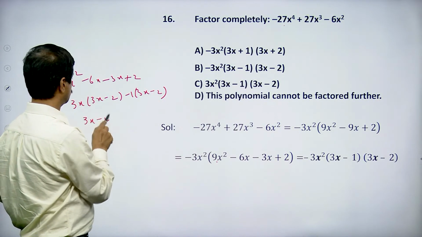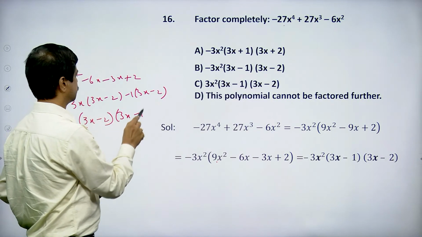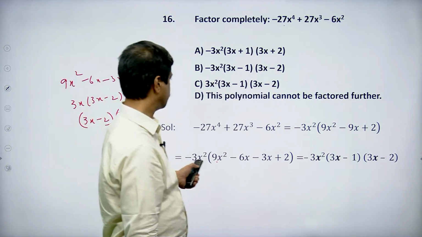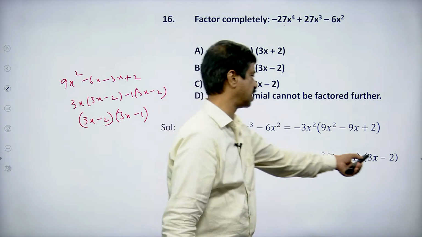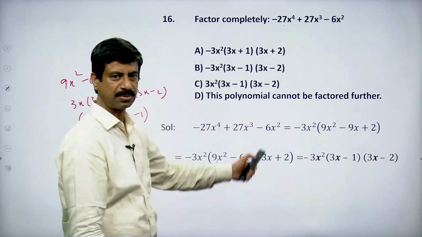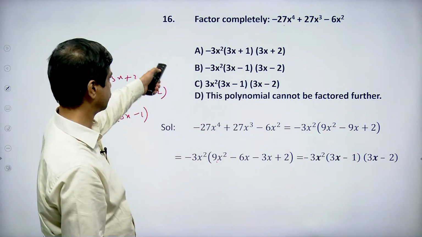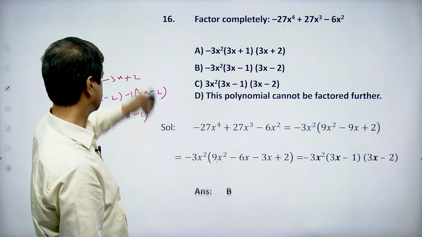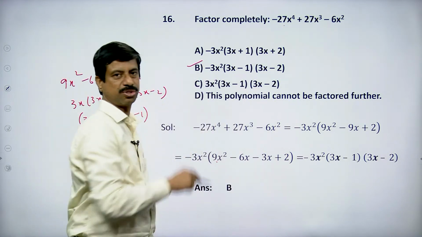Take 3x minus 2 common, you will get 3x minus 1. So, that means minus 3x square into 3x minus 1 into 3x minus 2. Check which of these options have that. Option B. Right, children? Please note it fast, quick.